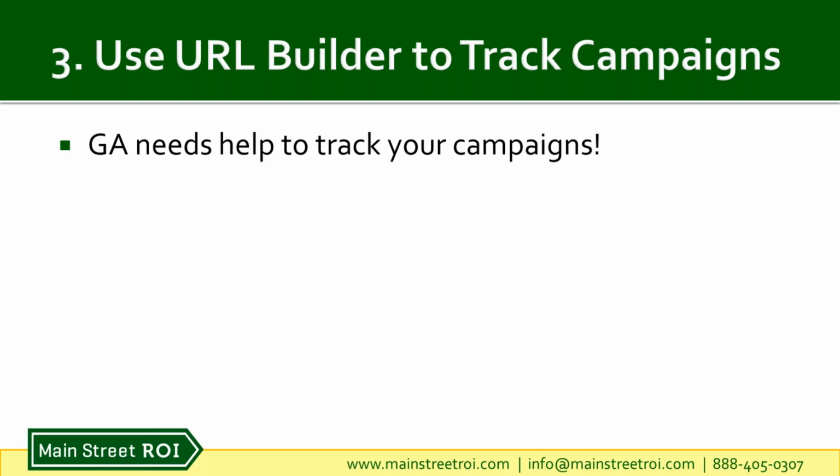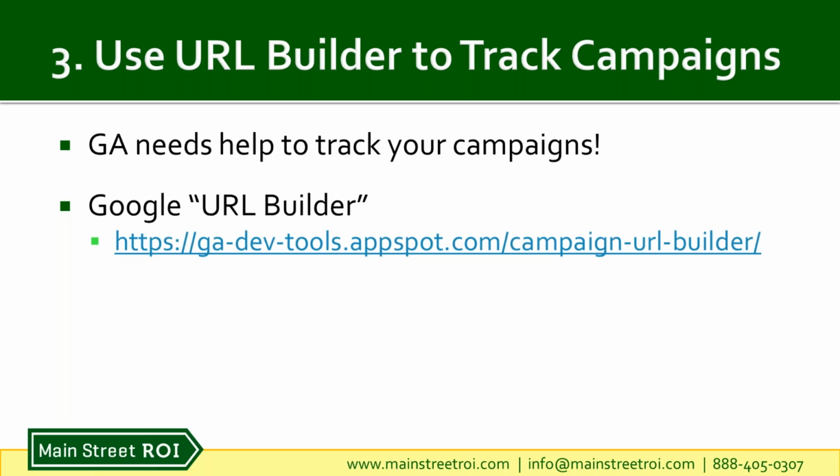So they do, again, a good job right out of the box tracking where the traffic came from, but in some cases they need some help. And that's where the URL builder comes into play here. We want to help Google Analytics determine exactly where the traffic came from and just make sure everything is being accurately tracked.